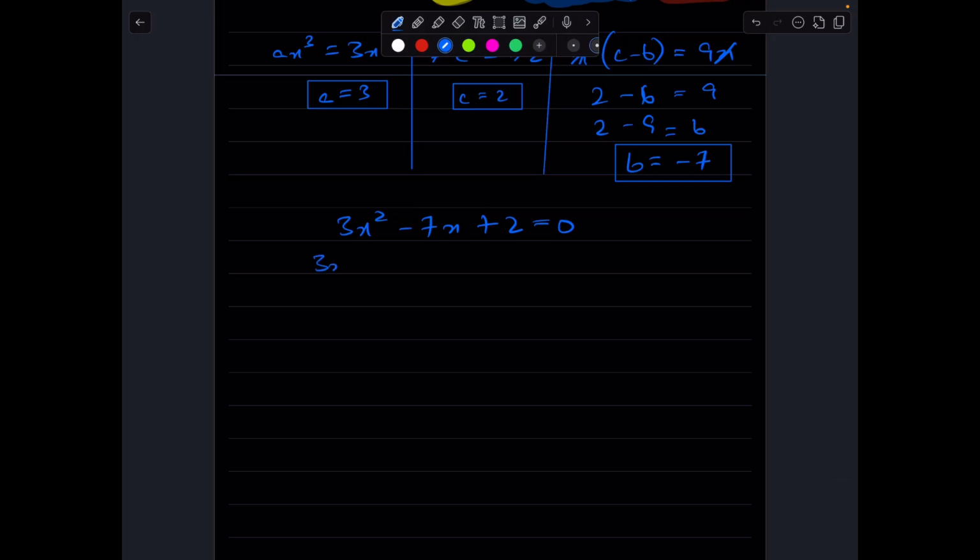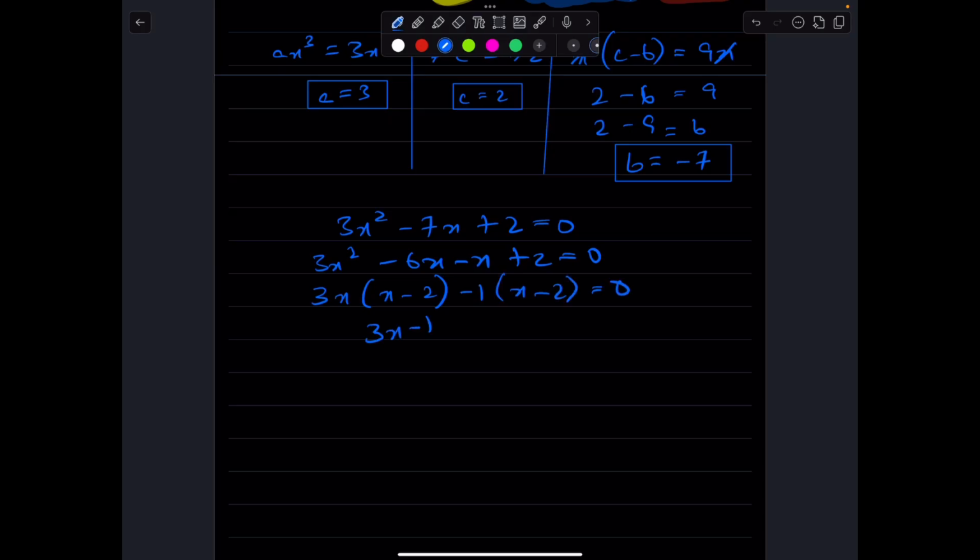So we can break the middle term as minus 6 minus x plus 2, and then we can factorize this, or rather I'll show you all the steps, and minus 1 minus 2 is equal to 0, and the factors turn out to be this. And the solutions are x is equal to 1 over 3 and x is equal to 2.